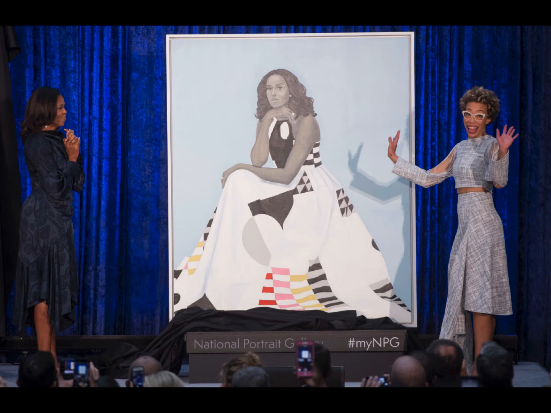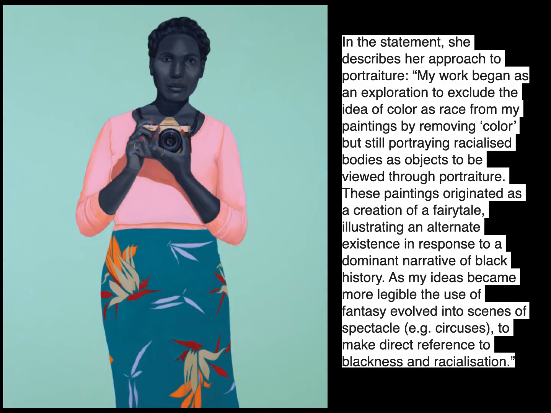And that's a part of the conceptual meaning that she's trying to express. Her statement describes her approach to portraiture: "My work began as an exploration to exclude the idea of color as race from my paintings, by removing color but still portraying racialized bodies as objects to be viewed through portraiture."